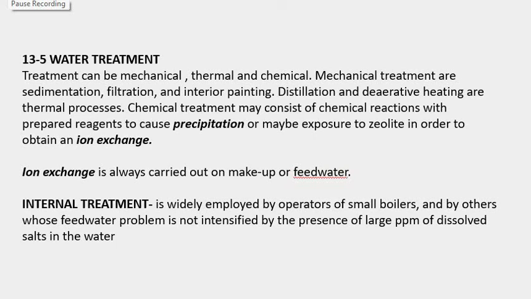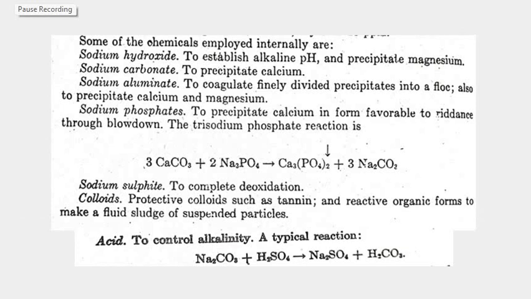Next would be internal treatment, which is widely employed by operators of small boilers and by others whose feed water problem is not intensified with the presence of large ppm of dissolved salts in the water. So some of the chemicals employed internally are sodium hydroxide, whose duty is to establish alkaline pH and precipitate magnesium.